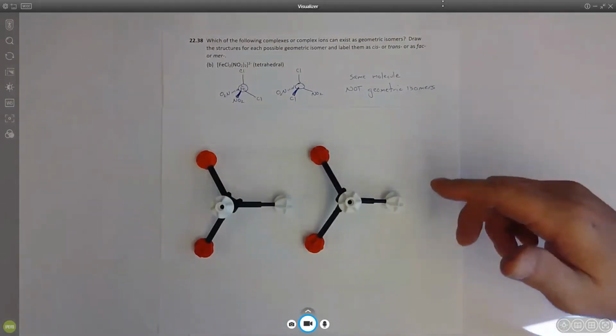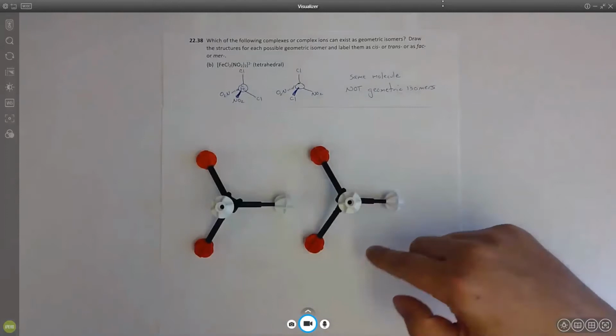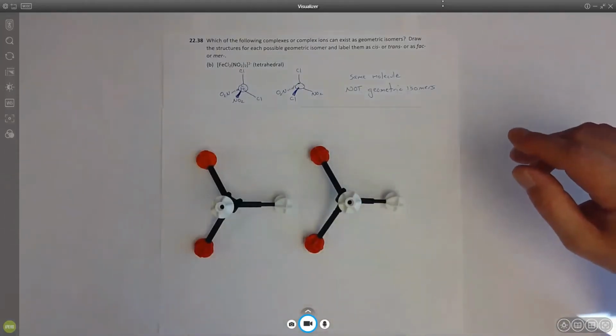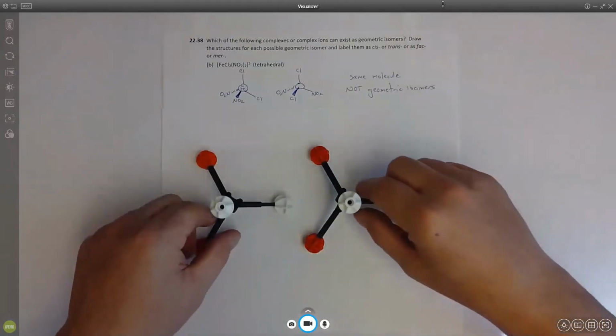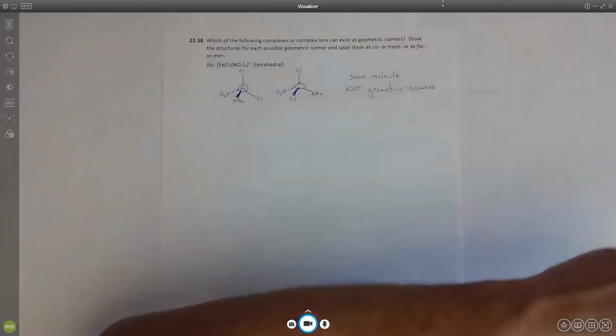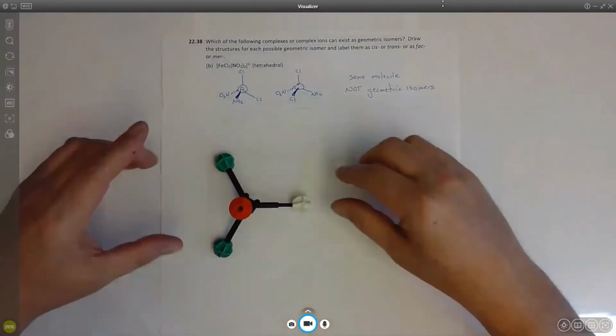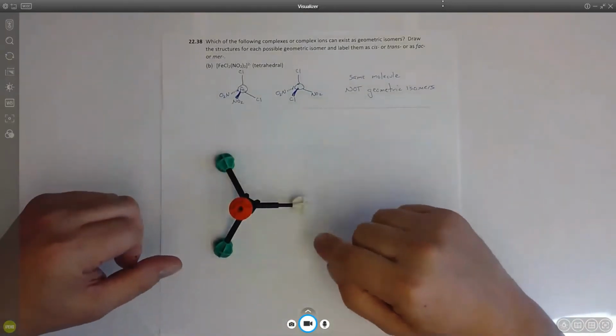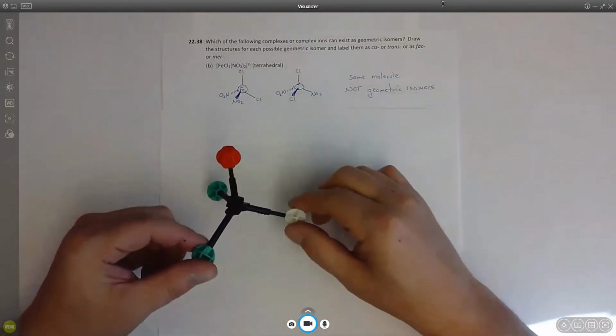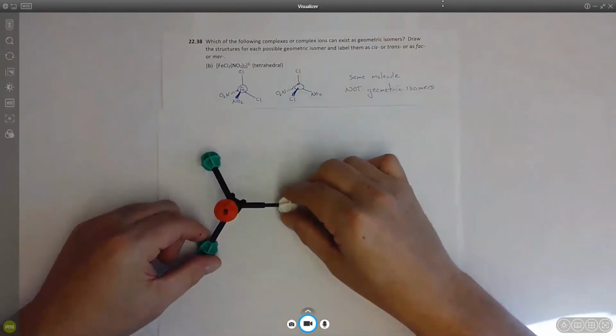Now, of course, if you had only one ligand of one type and three of the other type, again, you'd always be able to rotate it in the same way. But what if we had three different ligands? So let's say we have three different ligands. This time we have these two green, the white, and then a red, which of course is going up on this tetrahedral structure.